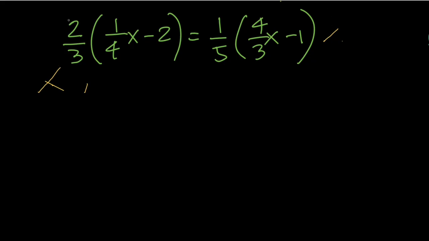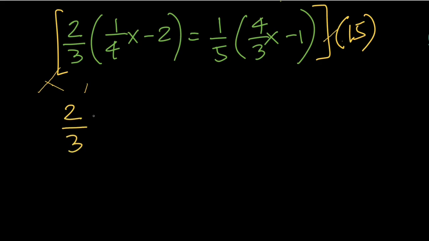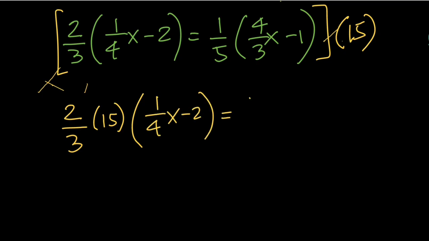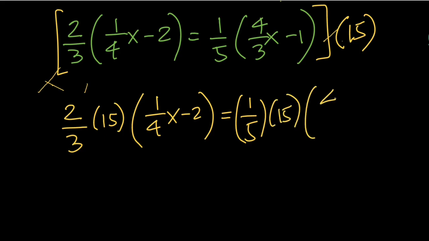Whatever you do to one side, you have to do to the other side too, to be equal. So we just multiply by 15. So this would become 2/3 times 15, times (1/4 x minus 2), equals 1/5 times 15 times (4/3 x minus 1).